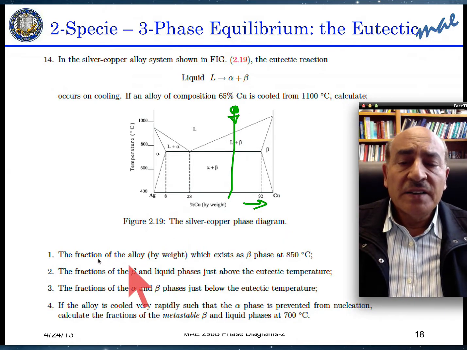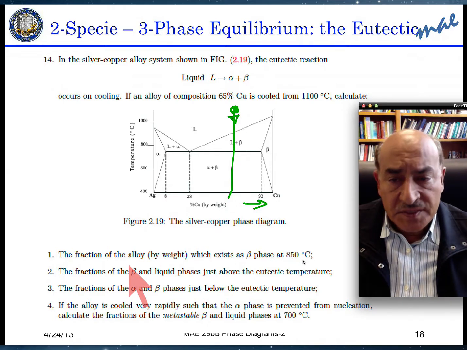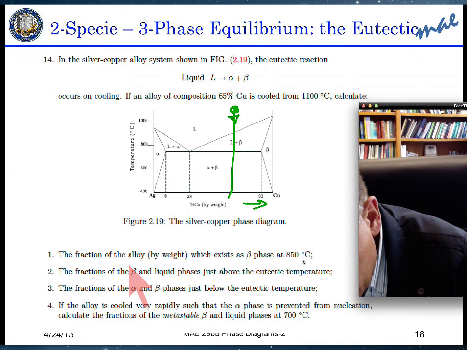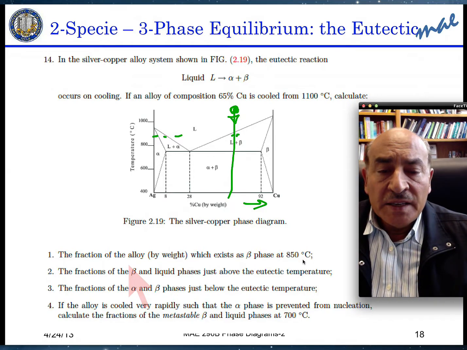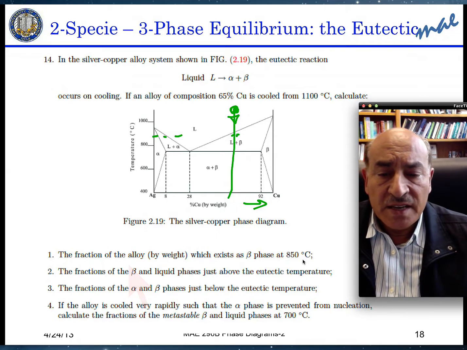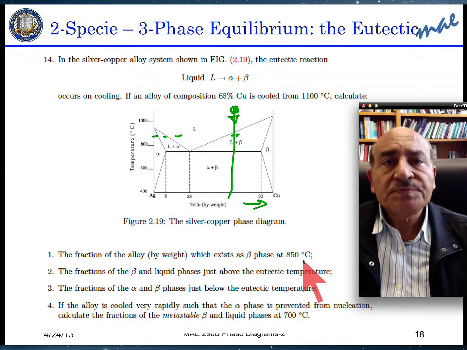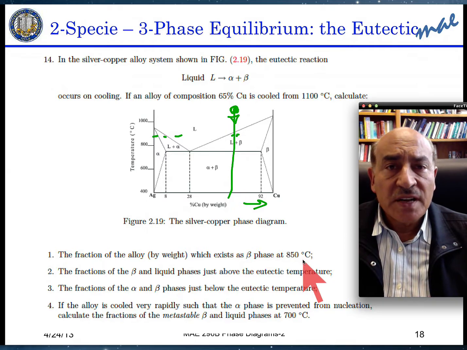We want to calculate the fraction of the alloy by weight which exists as beta phase at 850. So at 850, I want to compute what's happening here, and compute just above the eutectic and below the eutectic, and so on. So you have various things that we need to compute here, and we want to be able to determine the fractional concentrations.